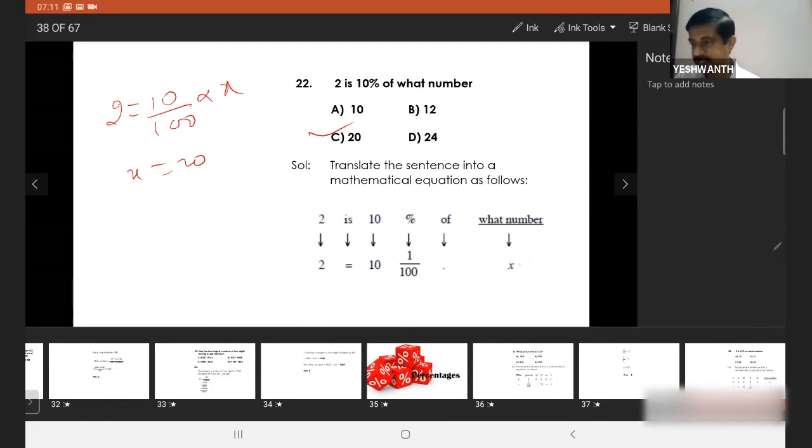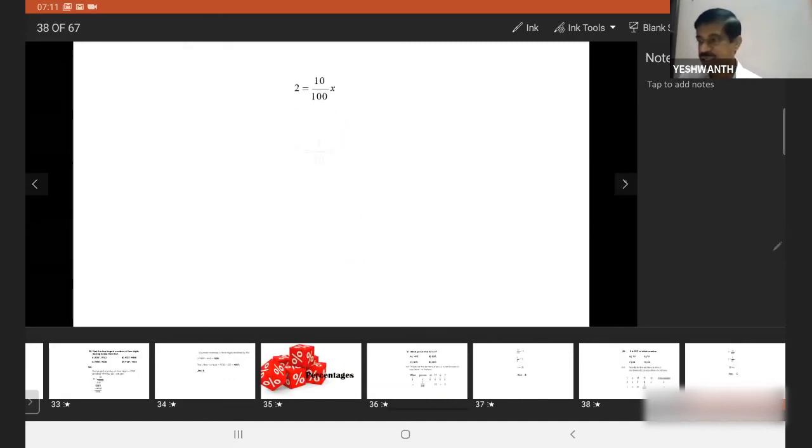Of means multiplication. Unknown is X. Same we are following or not. So this is how you need to identify and work out the process. This language, if you understand, things become very simple. Instead of searching and waiting and getting confused, it is a very simple process. Okay, go for this. Let's go to the next question.